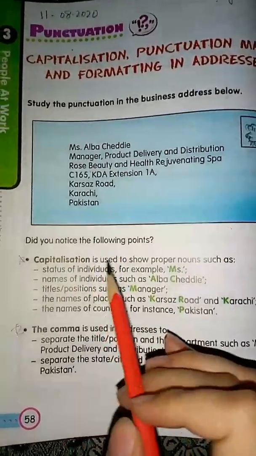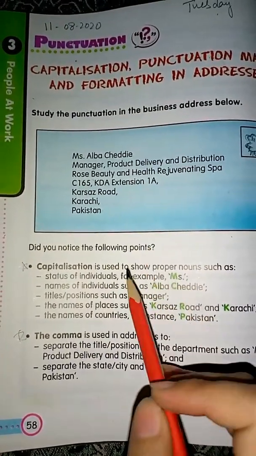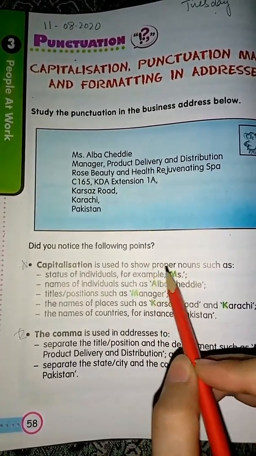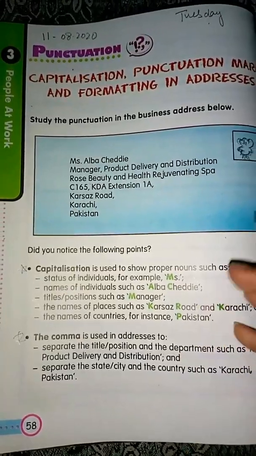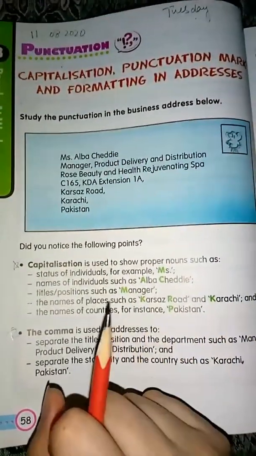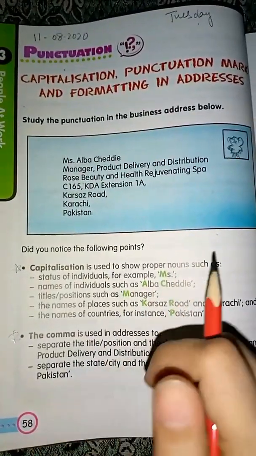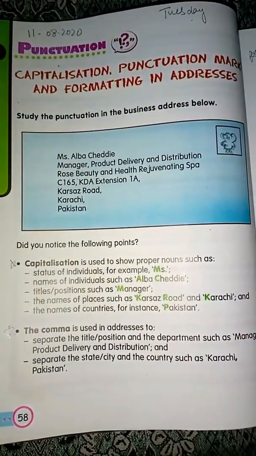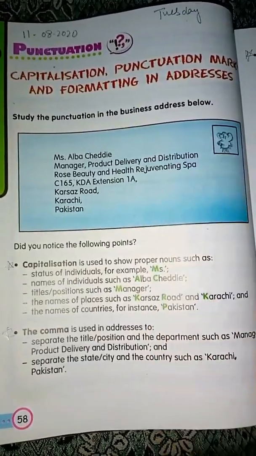These are the proper nouns. What are proper nouns? Those in which we specify someone. And what are common nouns? Those in which we are discussing collectively, like boys. But whenever I am pointing out only Ali, that is a proper noun.